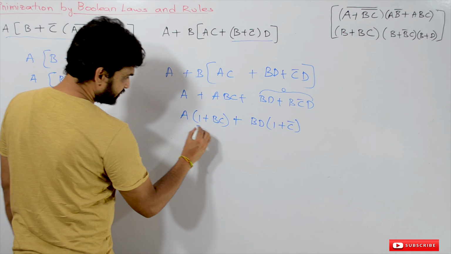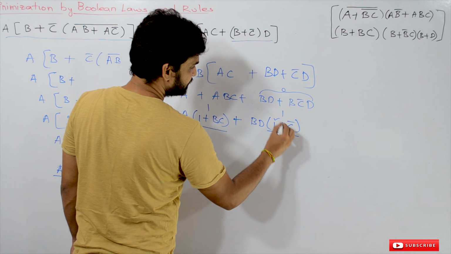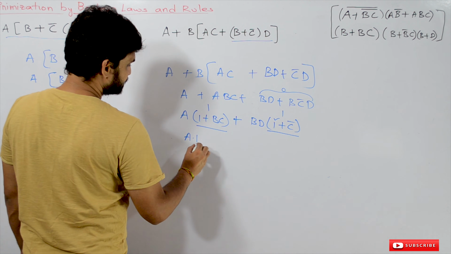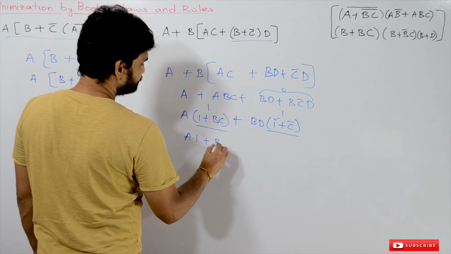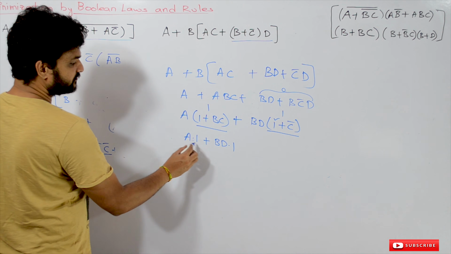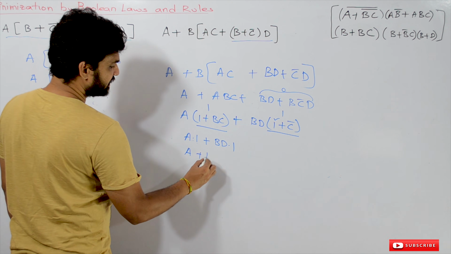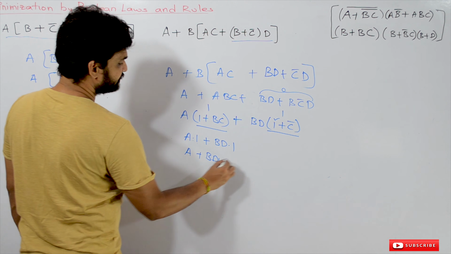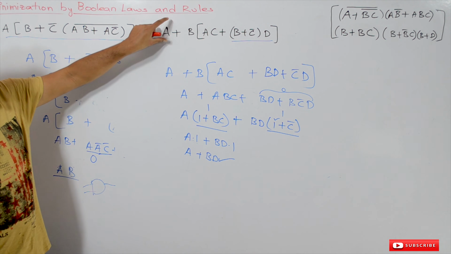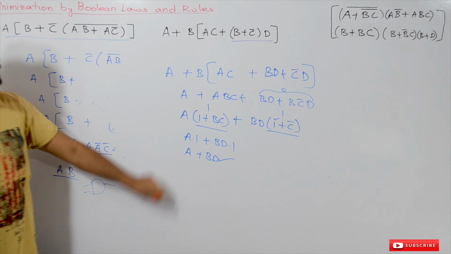So this is going to be 1, and this is going to be 1, because 1 plus anything is going to be 1. So the final one is A dot 1 plus BD dot 1. ANDed with 1, anything is going to be that anything part. So the final simplified equation is A plus BD. So this entire Boolean expression will get minimized to this one.